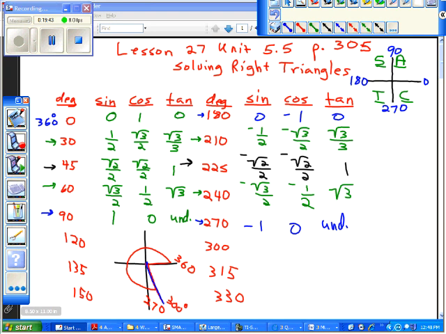My reference angle is from here to the nearest piece of the x-axis. My reference angle is 60 degrees. You understand that? Now, I'm in quadrant 4, and what's positive in quadrant 4? Cosine. So when I'm thinking 300 degrees, I'm using a reference of 60 degrees.